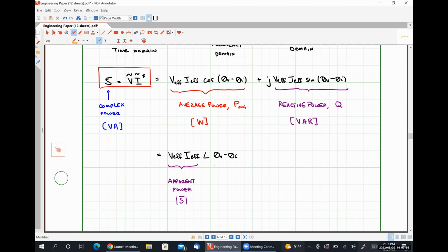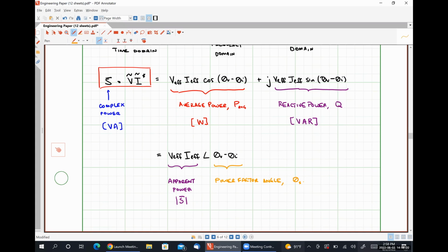And then lastly over here, theta V minus theta I is more commonly known as the power factor angle. And we can represent this symbolically as theta S. Now, I understand that I have just given you a whole bunch of equations, and that can be annoying at best.